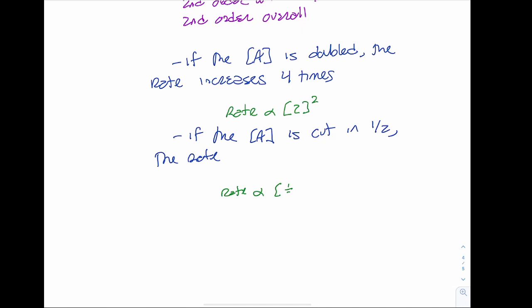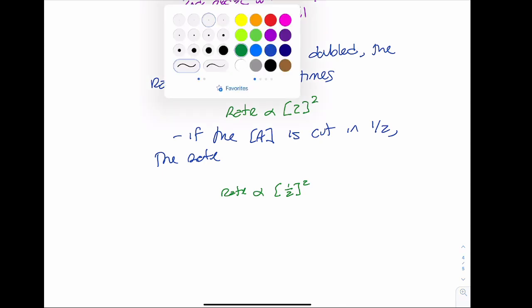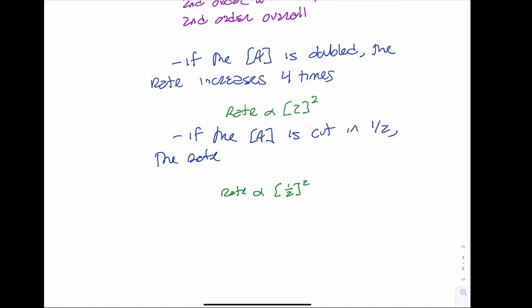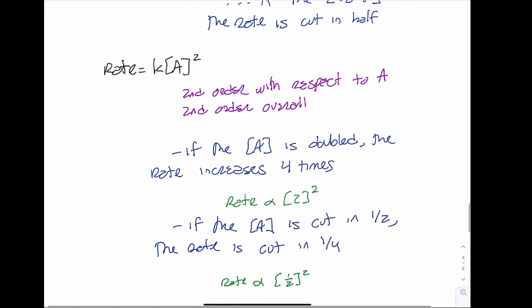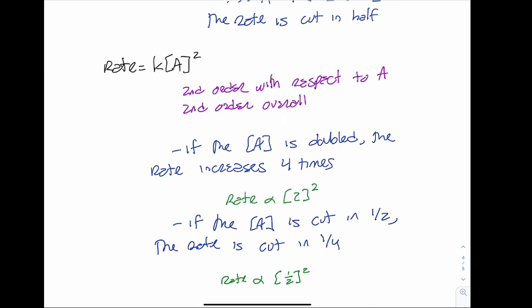I'm going to put 1/2 in here and then I'm going to have to square that. So if I cut my concentration in half, what happens to my rate? Yeah, it's going to go down 4 times, right? The rate is cut in quarters, however you want to say that. 1/2 squared is 1/4. So second order, basically, our rate is more sensitive to changes in concentration.